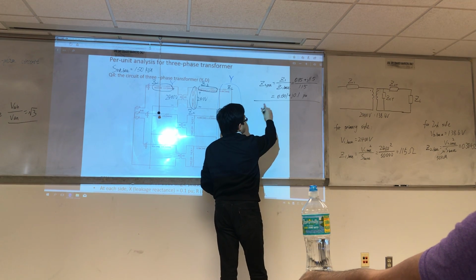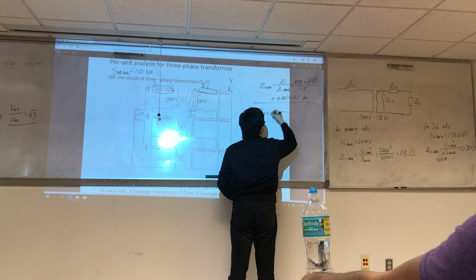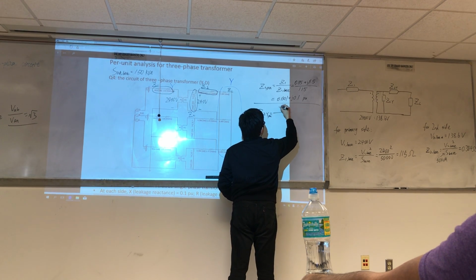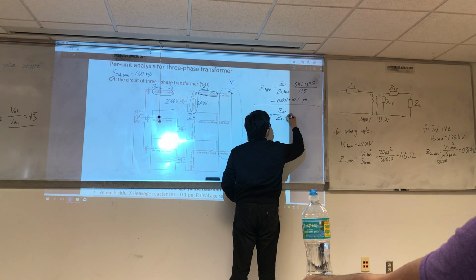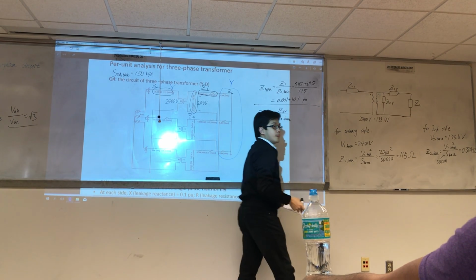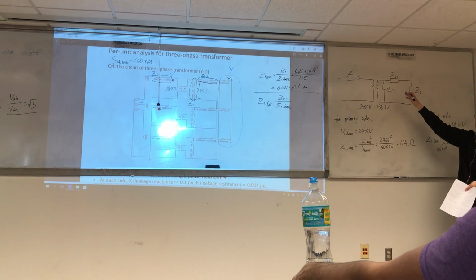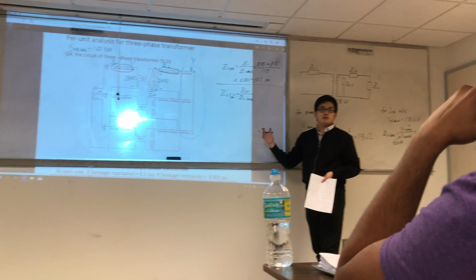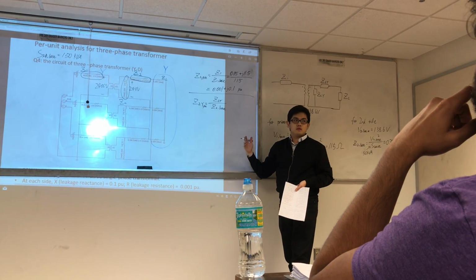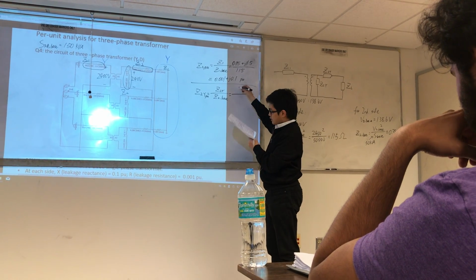For the secondary side, Z2Y per unit equals Z2Y divided by Z2 base, because your Z2 is on the secondary side. So when you calculate the per unit value, you need to use Z2 base. So what's Z2Y?